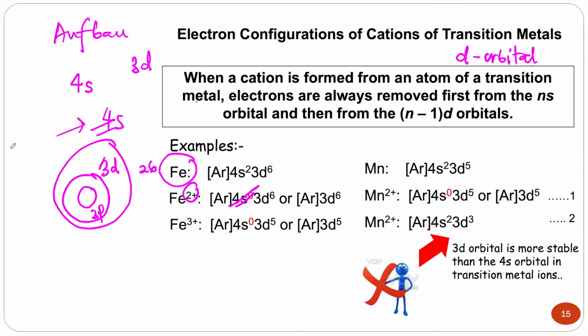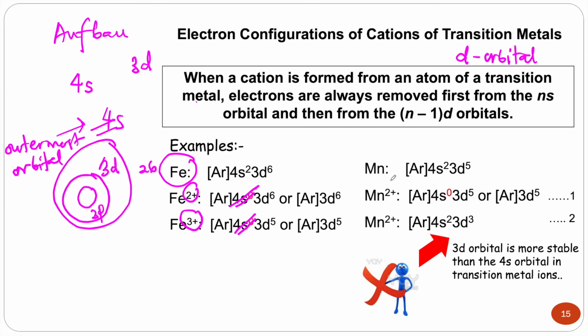This is the outermost orbital. So removing 2 electrons will give you Ar 3d6. Let's say we want to have iron 3 plus. You remove 2 electrons from the 4s, and 1 electron from the 3d6. So it will give you Ar 3d5. And this is the first example.